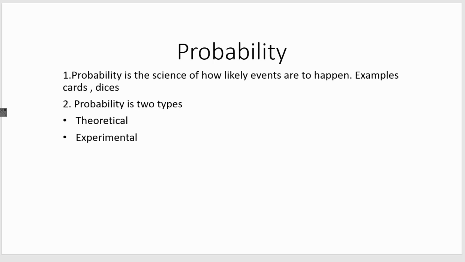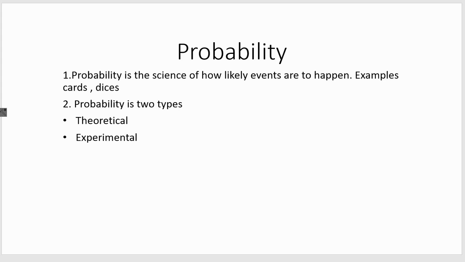What is meant by theoretical and experimental? Theoretically, we can solve the problems in your notes or book, and we can identify the theoretical calculations. Whereas with experimental, we do the experiment to check whether it is right or wrong.